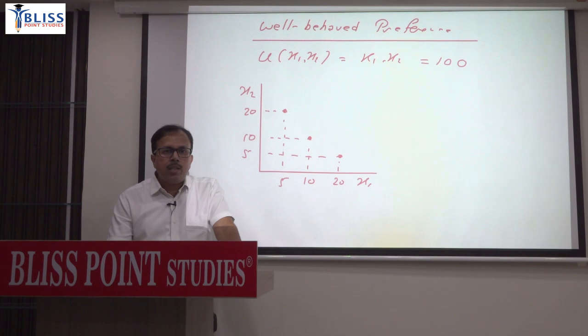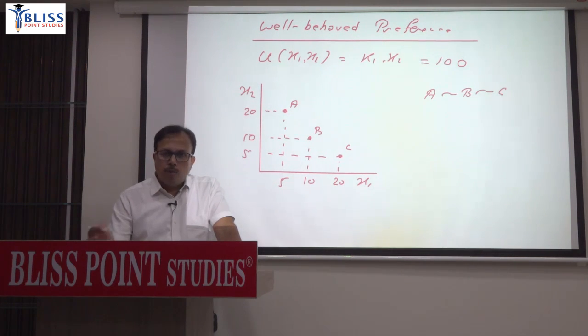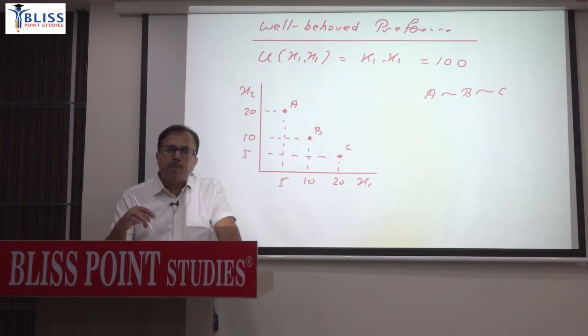So if utility is the same from all three bundles, say for example from point A, from point B, from point C, we can say that the consumer is indifferent between A and B, he is indifferent between B and C, and if you join all those bundles along which the consumer is indifferent, you will get the indifference curve.